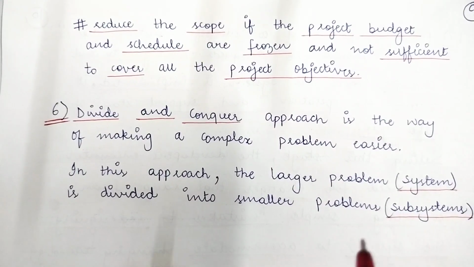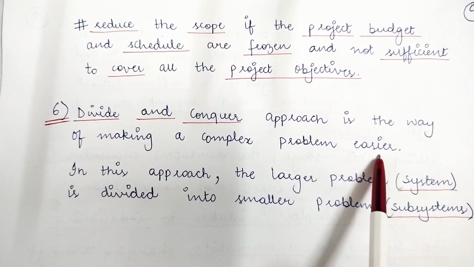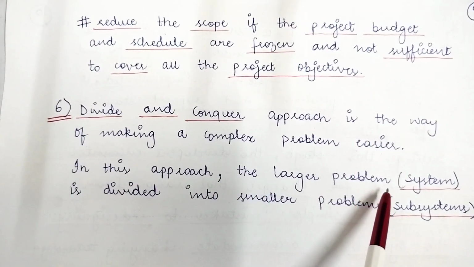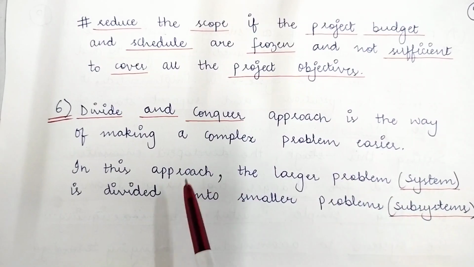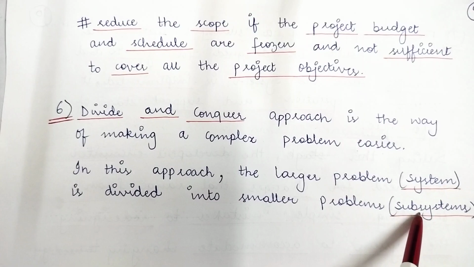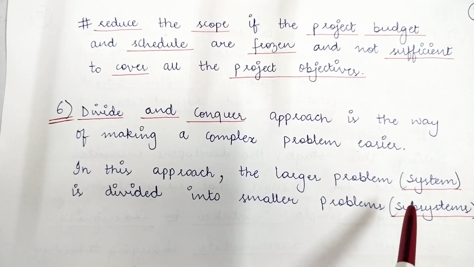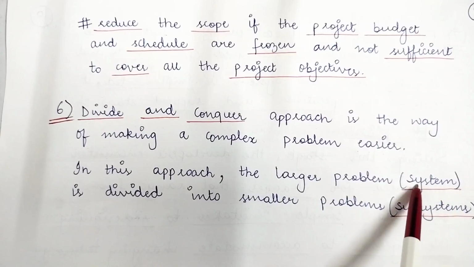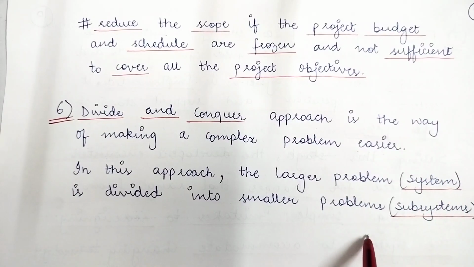That is the basic reason why we divide a system into subsystems or modules, so that the complex problem becomes easier. In this approach, the larger problem, that means the system, is divided into smaller problems, that is the subsystems. Once we divide the system into subsystems, it is easier to target the problems of the subsystems than to target the problems of the entire system as a whole.